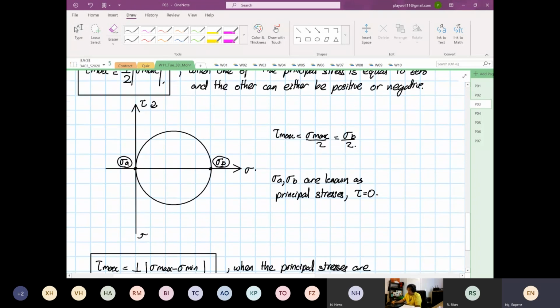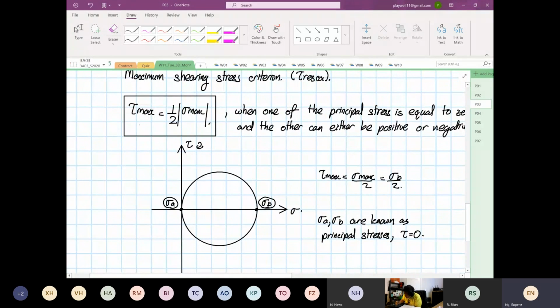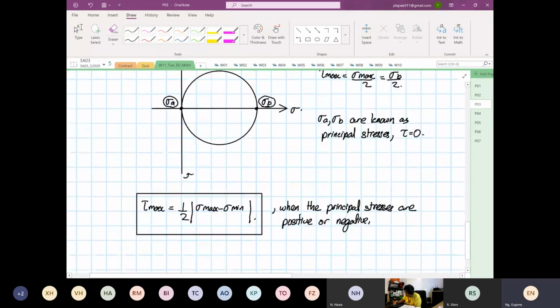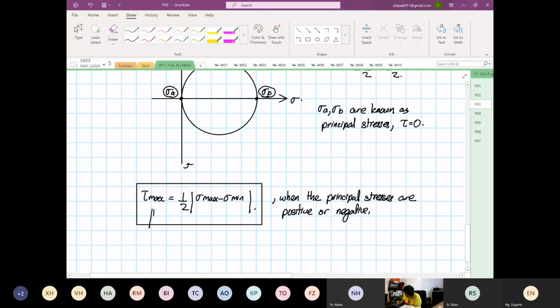By the way, this tau max over here, okay, this is a material property. Okay, your tau max over here, they are based on your material property.